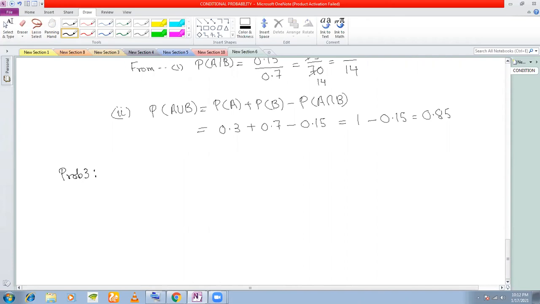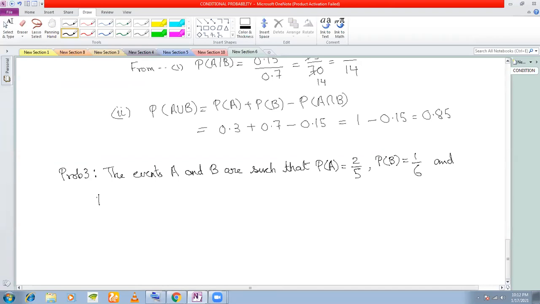The question is, the events A and B are such that P(A) is 2 by 5, P(B) is 1 by 6, and P(A union B) is 13 by 30.